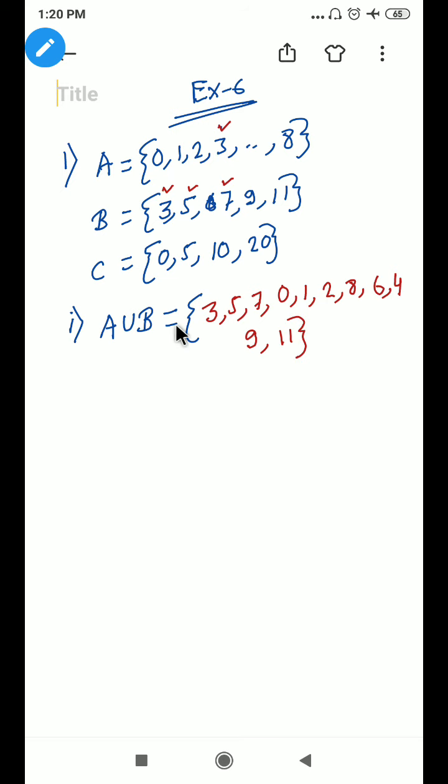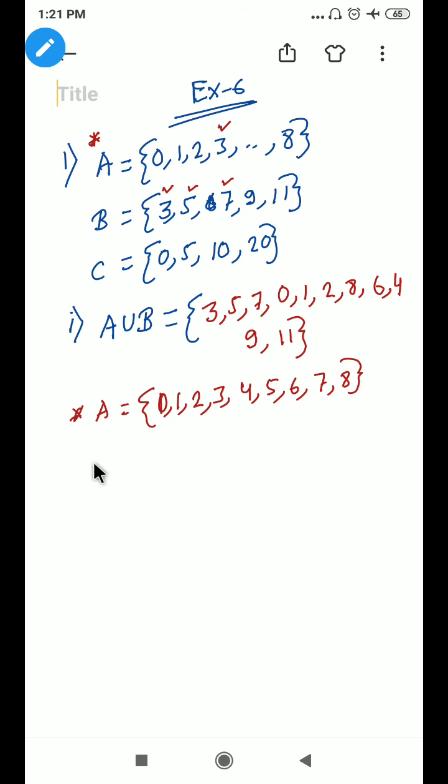So these are the union of A and B. So write down this set again, set A, for better understanding. A is equal to 0, 1, 2, 3, 4, 5, 6, 7, 8.